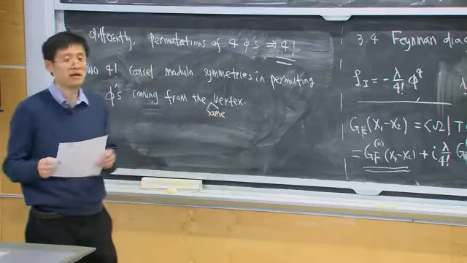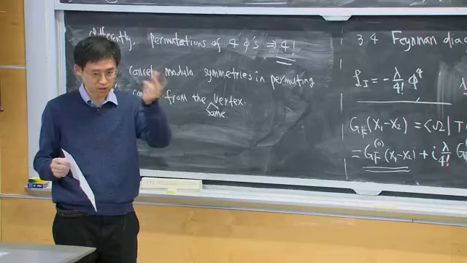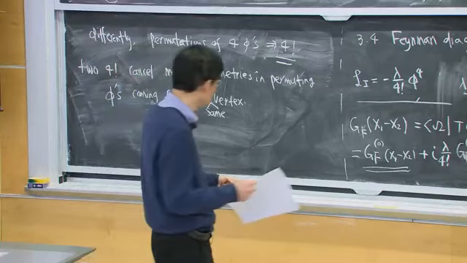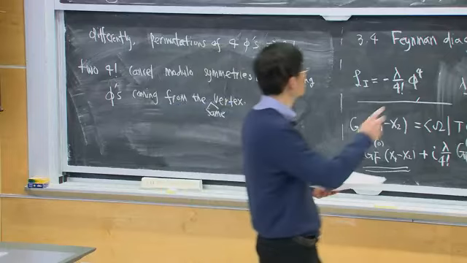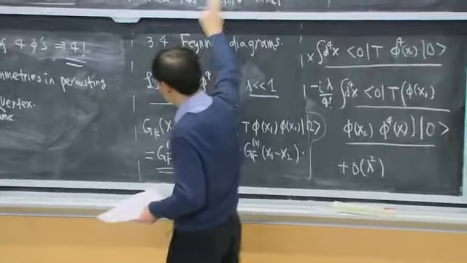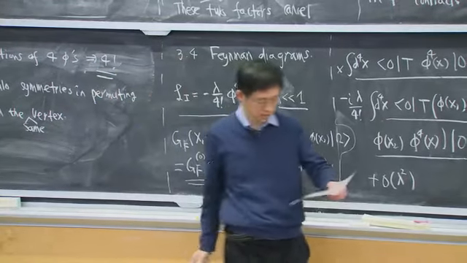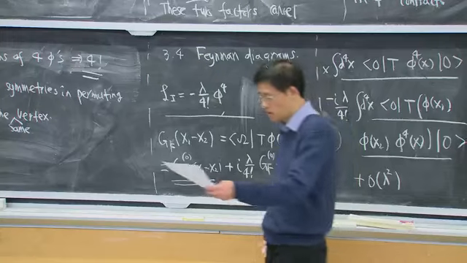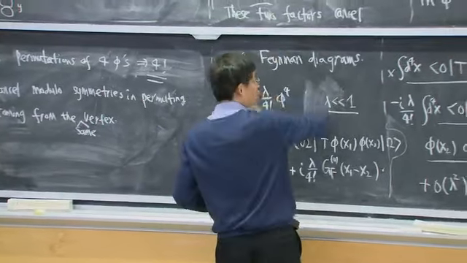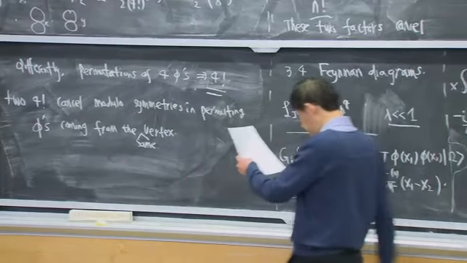Again, if two phis are contracted the same way, then of course when you permute them, you don't generate a new diagram or a new way. So now we have two different permutations: one is to permute the vertices, and the second is to permute the phis within each vertex. That means both this n factorial and this 4 factorial cancel.